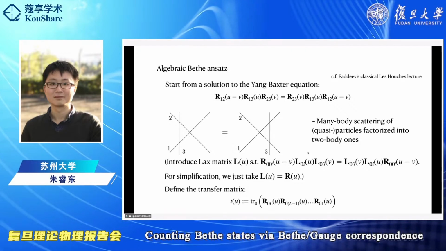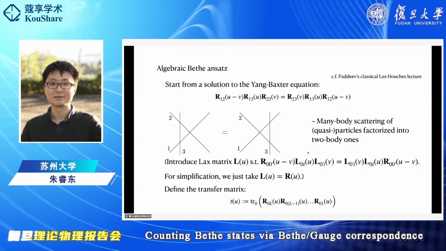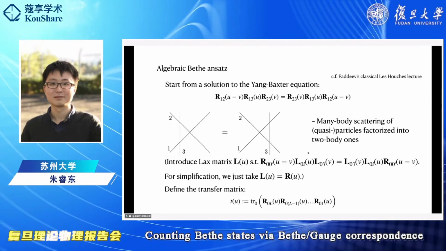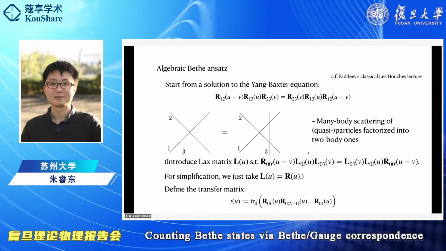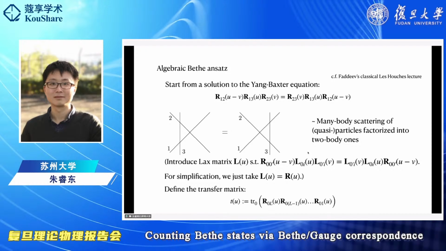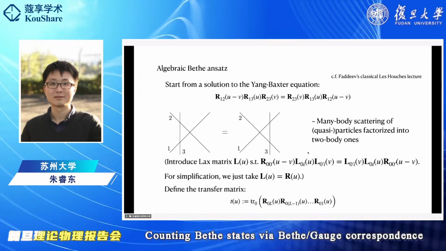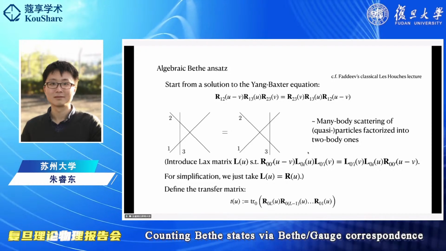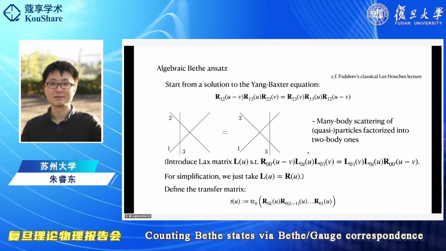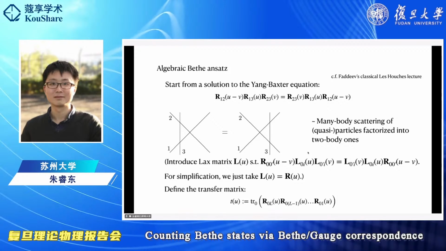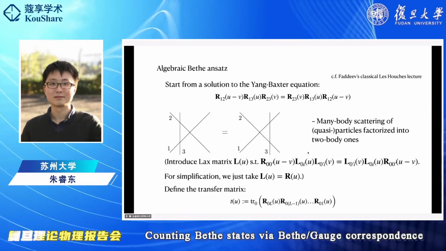We first find a Lax matrix satisfying this equation, like RLL equals LLR. Of course, we can just use the R matrix as the Lax matrix. And then we define the transfer matrix using the Lax matrix. In our case, I'm going to use just the R matrix. So we multiply all these R matrices together.